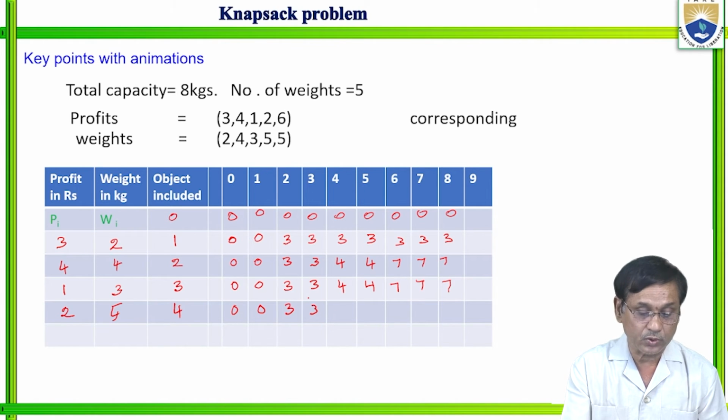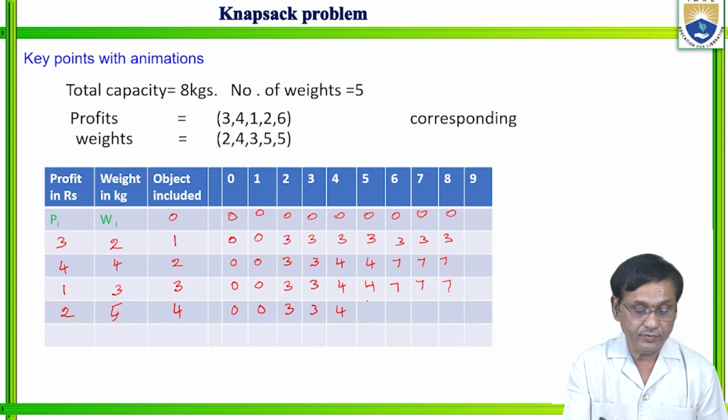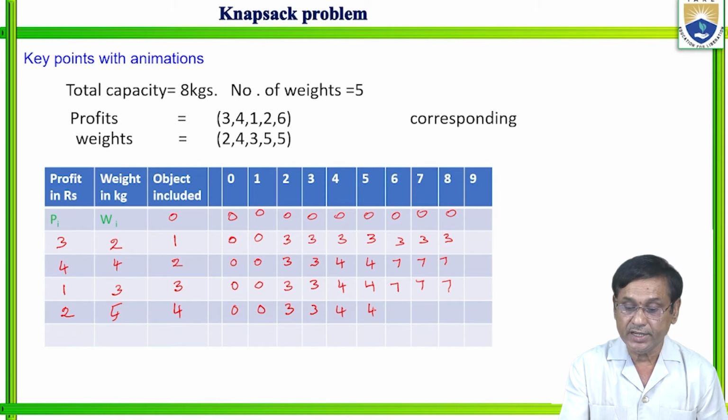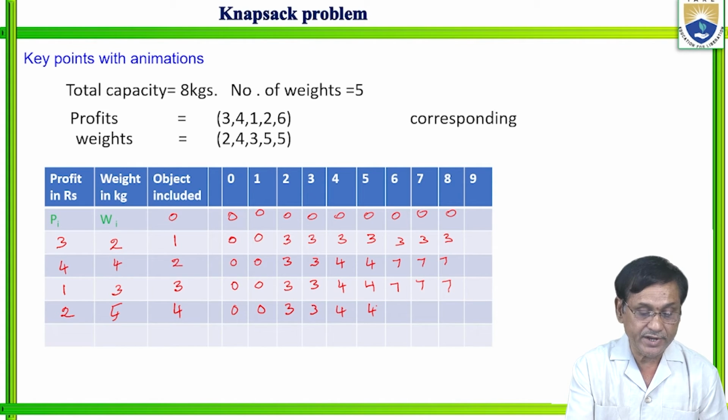When the weight is 4, you are getting only 4. When the weight is 5, here it is only 2, but you can consider 3 plus 2 or this one, that is 4 only. Then when the weight is 6, you can get 7 here. When the weight is 7, 5 plus 2 or 4 plus 3, that is only 7.